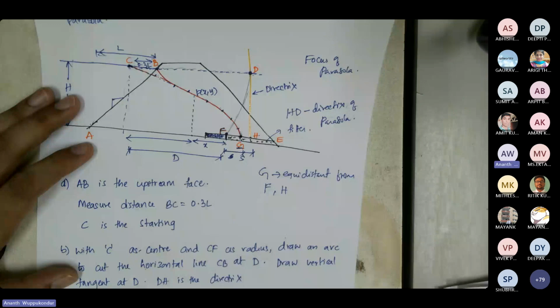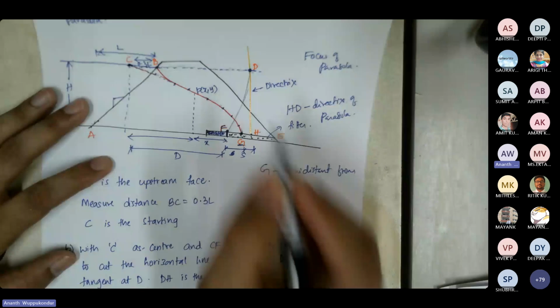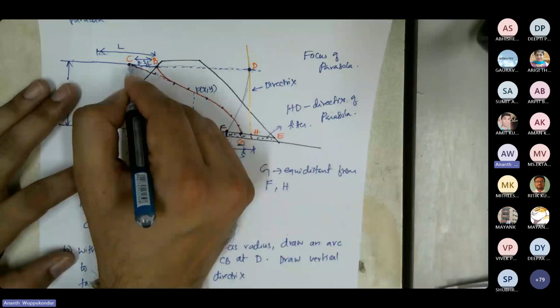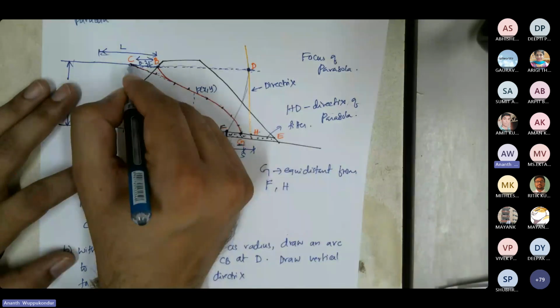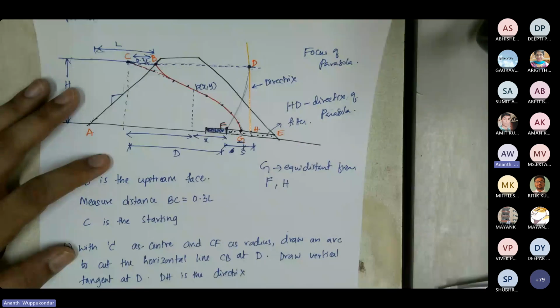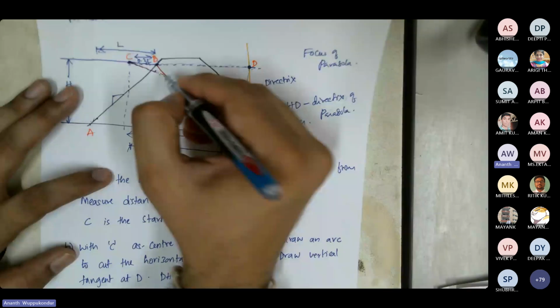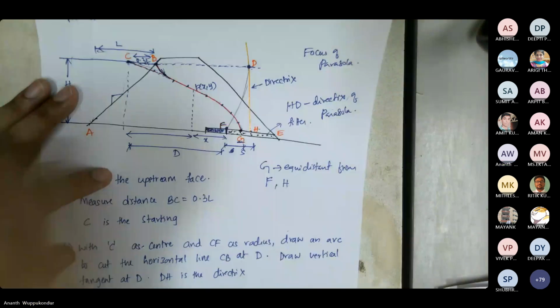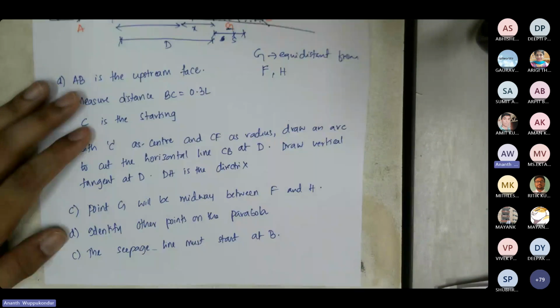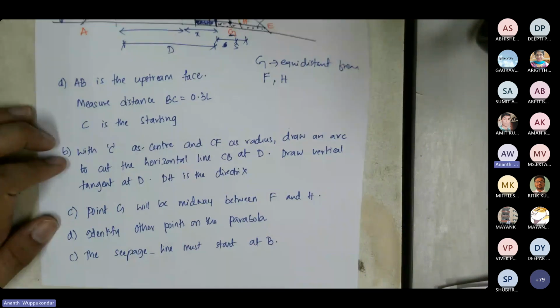So now you have the parabola, but the seepage line is not going to start at C practically. C is only a theoretical point, but practically the parabola or the seepage line is going to start at point B. So once you draw this parabola, you need to adjust it and make sure that the seepage line starts at point B. These are the different steps that you follow to draw the seepage line.